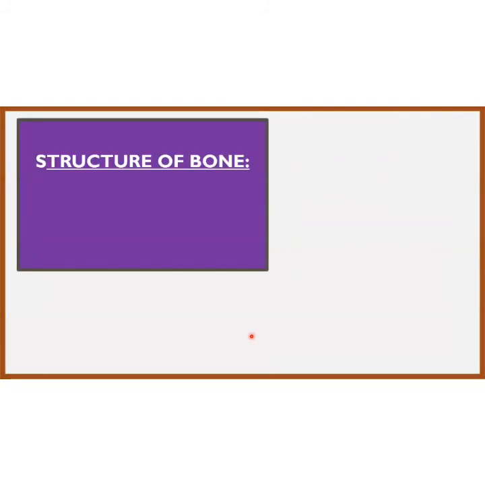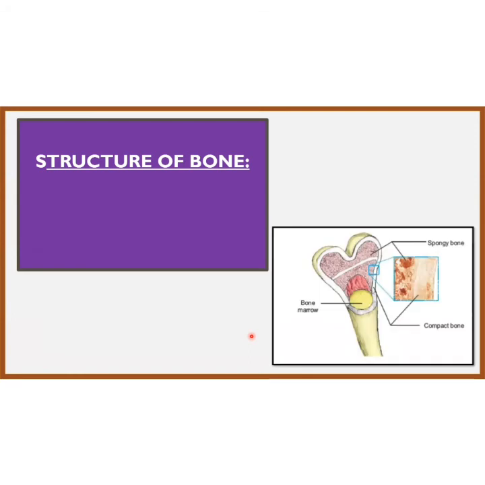Structure of bone. Compact bone: the hard outer layer of bone is called compact bone.